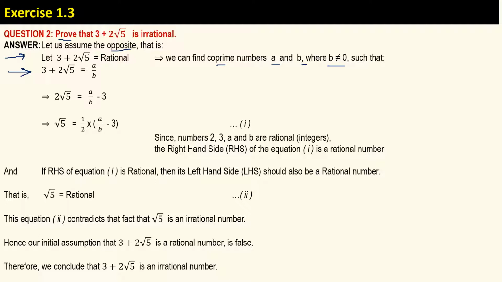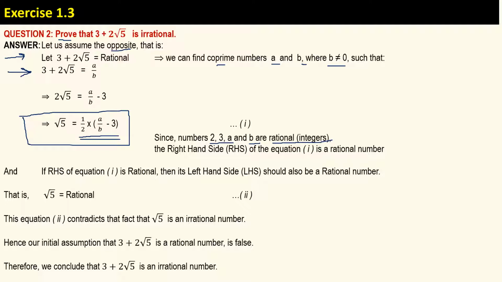Now if we rearrange this, we get square root of 5 is equal to half times (a/b minus 3). Now if we see this equation carefully, on the right hand side we have numbers 2, 3, a and b. All these four numbers are integers.